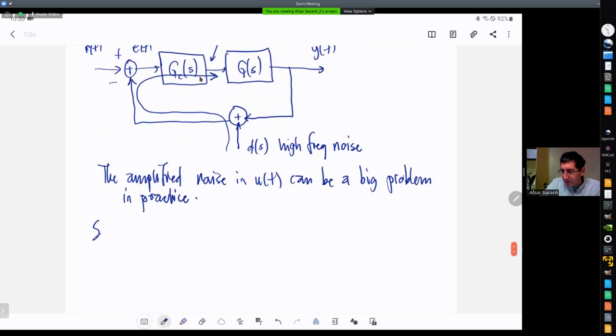So what about solutions? One practical solution, and you will see this partly in EE406, the next term.